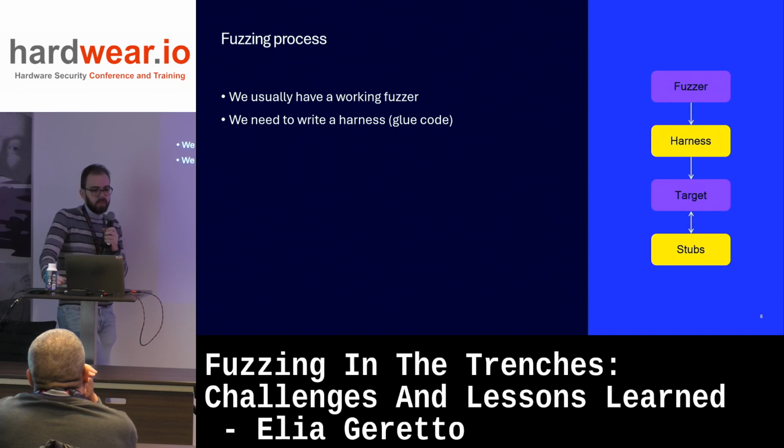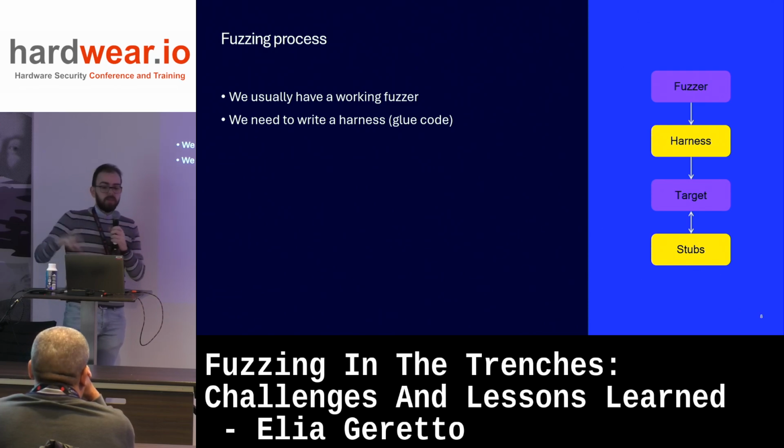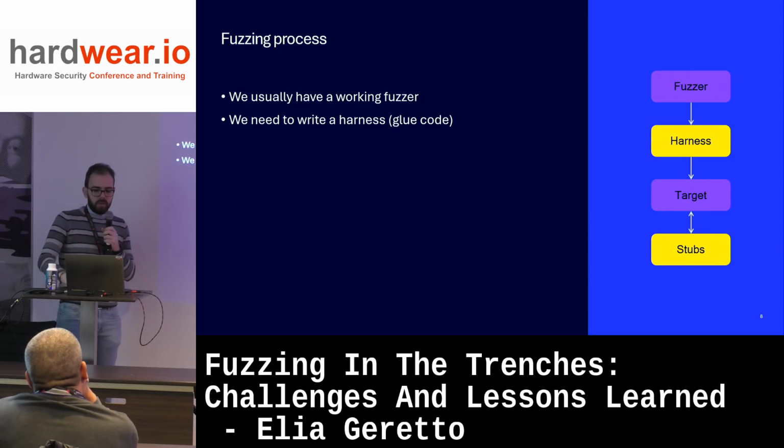So you need a way to attach your fuzzer to the software component you are trying to test. And this implies calling the API correctly, passing the random data in the right buffer and so on. But there is a significant part that is often overlooked, which is all the stubs and the mocking, using a testing term, that you need to do to extract your target and separate it from all its dependencies. And you will see this is usually the hard part.